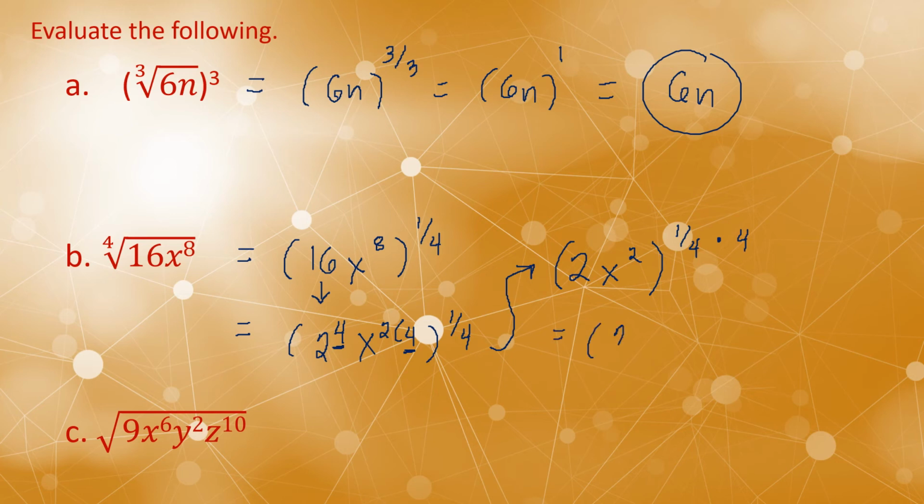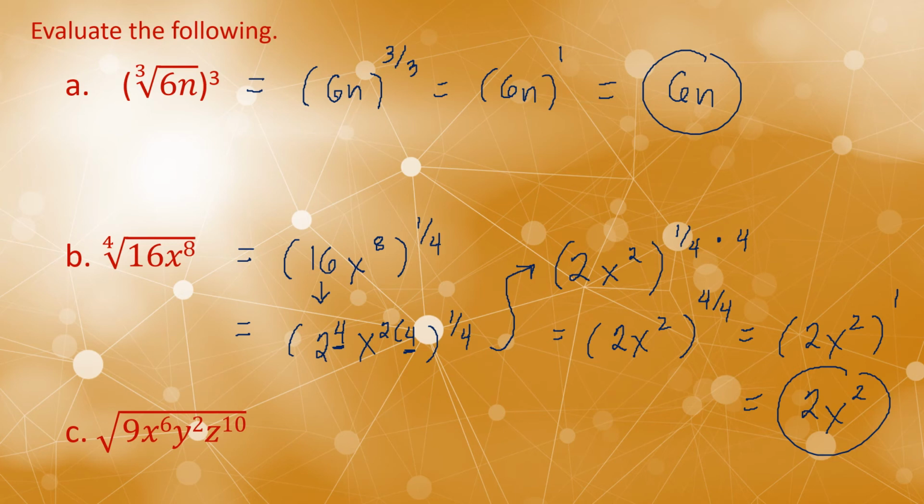This is 2x squared raised to 1/4 times 4 is 4 over 4, or simply 1. Which means that the value of the given expression is 2x squared. Let's have the third one. We have the square root of 9x to the 6th power y squared z raised to the 10th power.